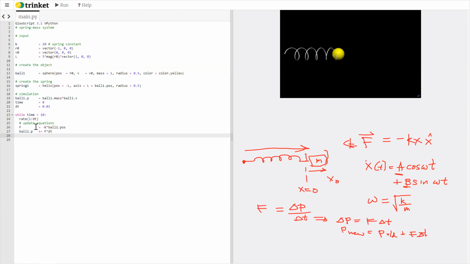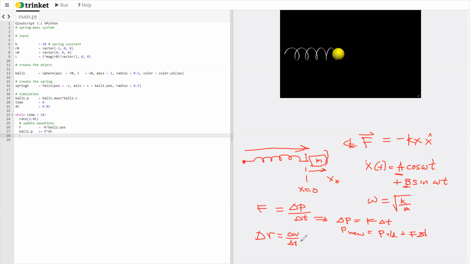And then for the position update equation, delta r is equal to v delta t.